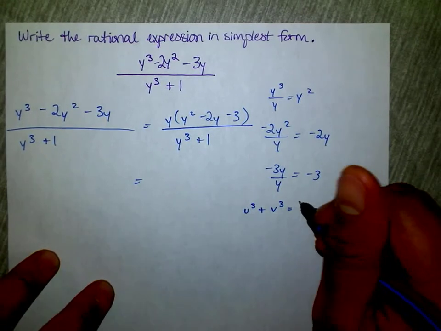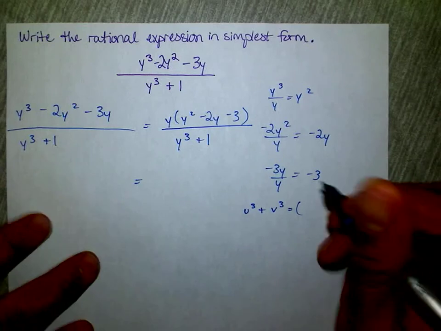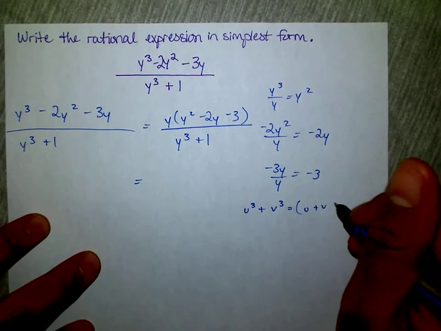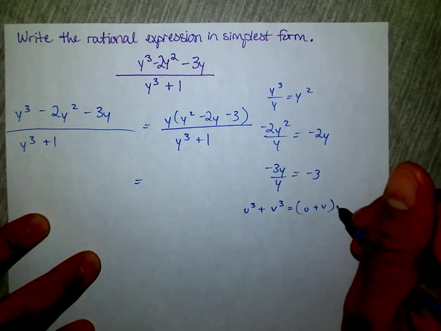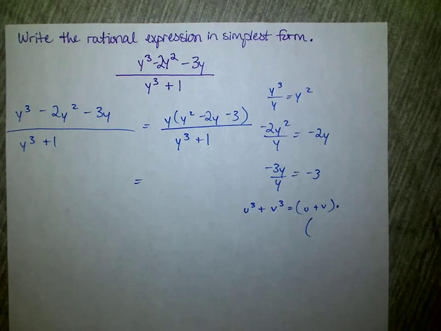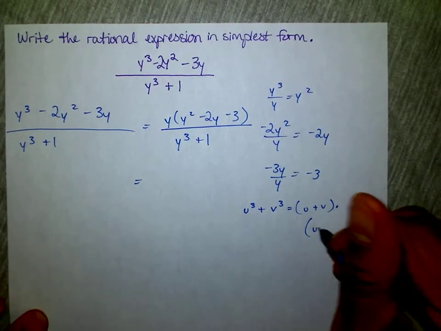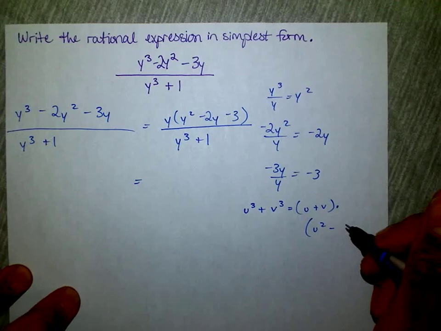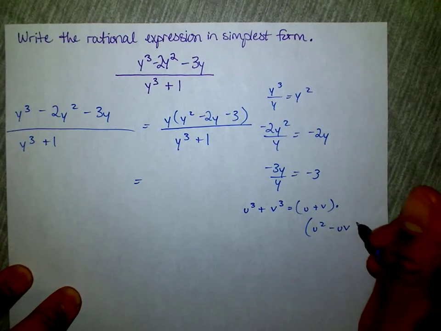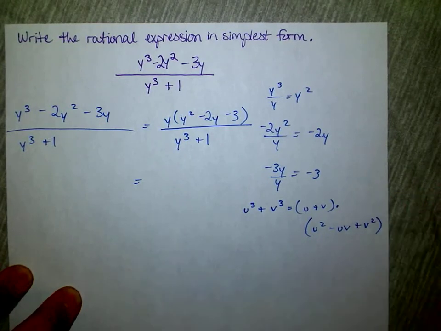When we factor it, the factor is going to look like u plus v times u squared minus uv plus v squared.